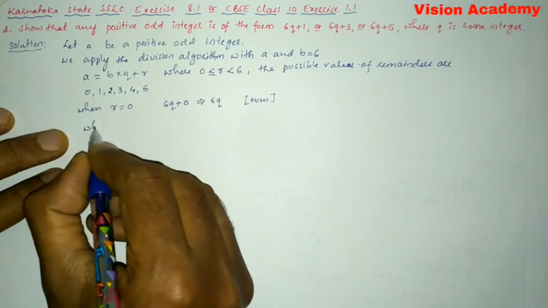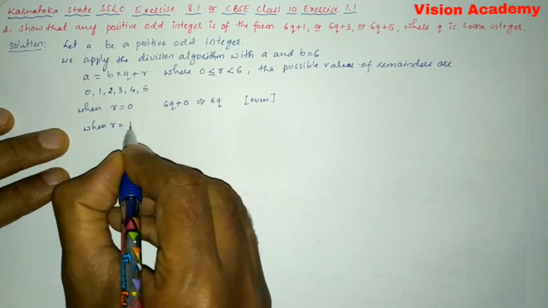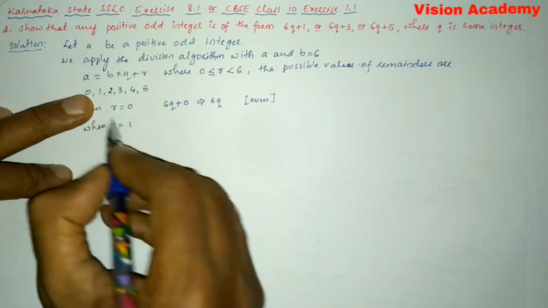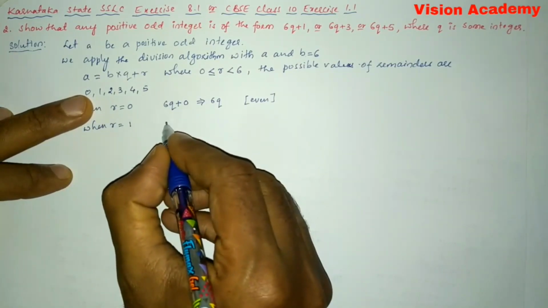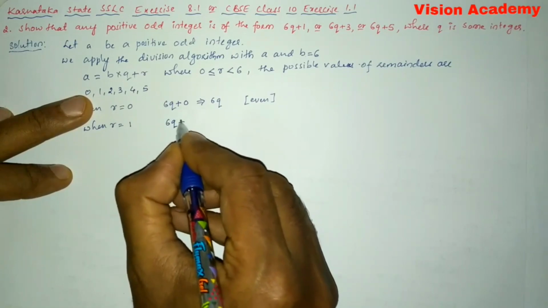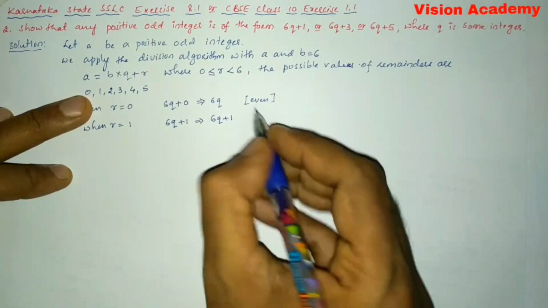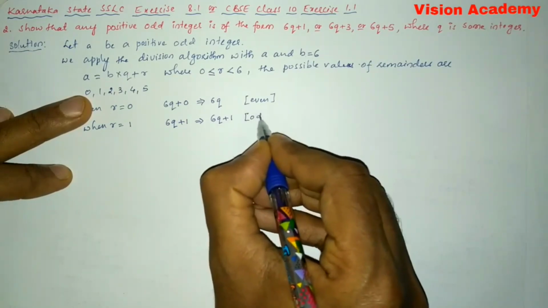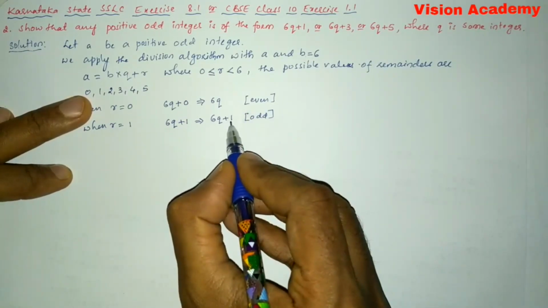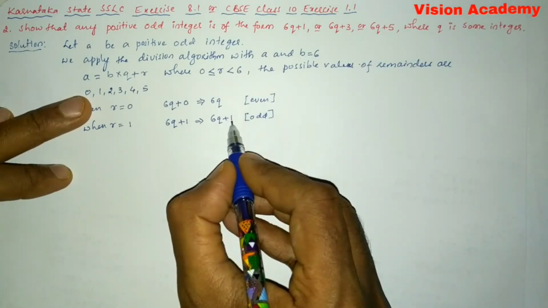Next, when r is equal to 1, let us substitute the next number. Here 6q plus 1. So this gives us 6q plus 1 only. This is odd because we are going to get 1 as remainder, and 1 is an odd number.